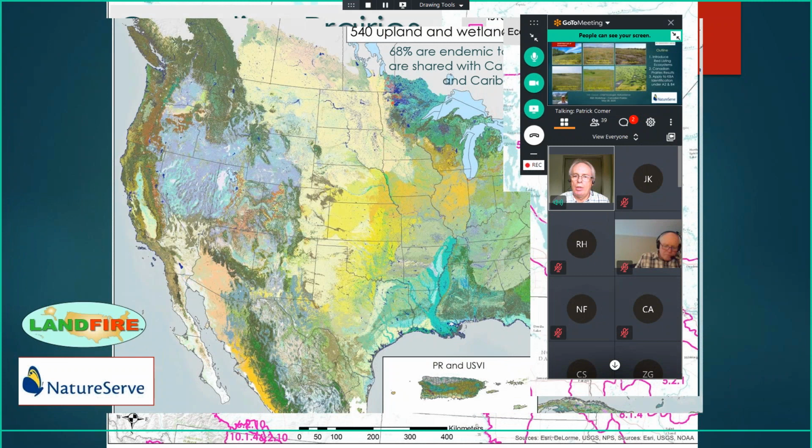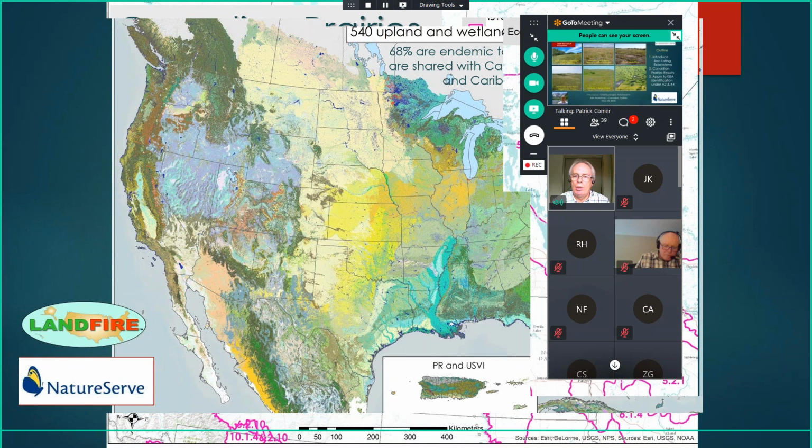And so again, we're building on a lot of work we've been doing across much of the hemisphere, but I'll focus here a little bit on what we've been doing over the last 15 years or so. Coming from the United States, the interagency LANDFIRE effort has been mapping what's called the biophysical setting.